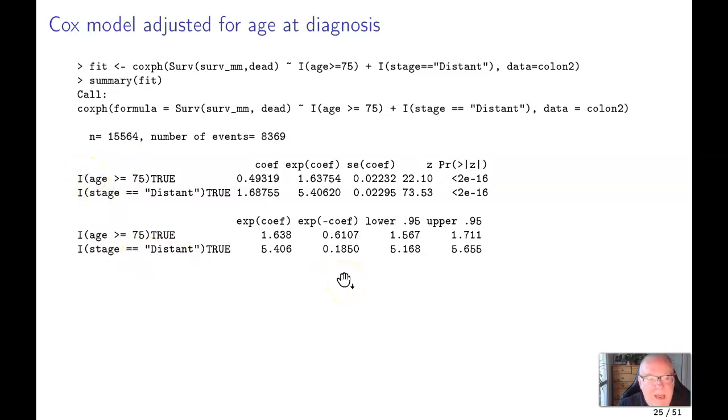Well, now we get estimated hazard ratios for the effect of stage, which is now adjusted for age. We also get a hazard ratio for age, which is adjusted for stage. And we see patients who were older than 75 had a 64% higher rate of dying due to the cancer than those who were less than 75.